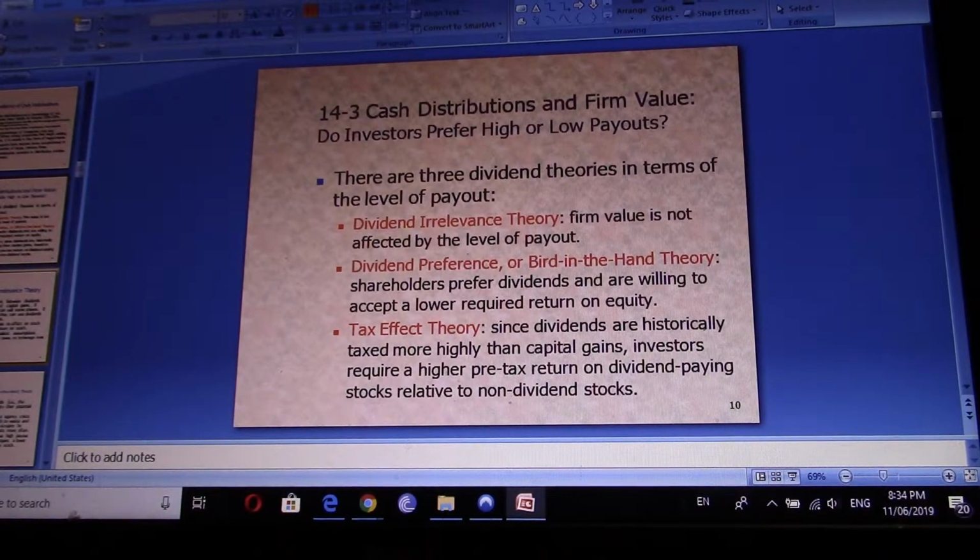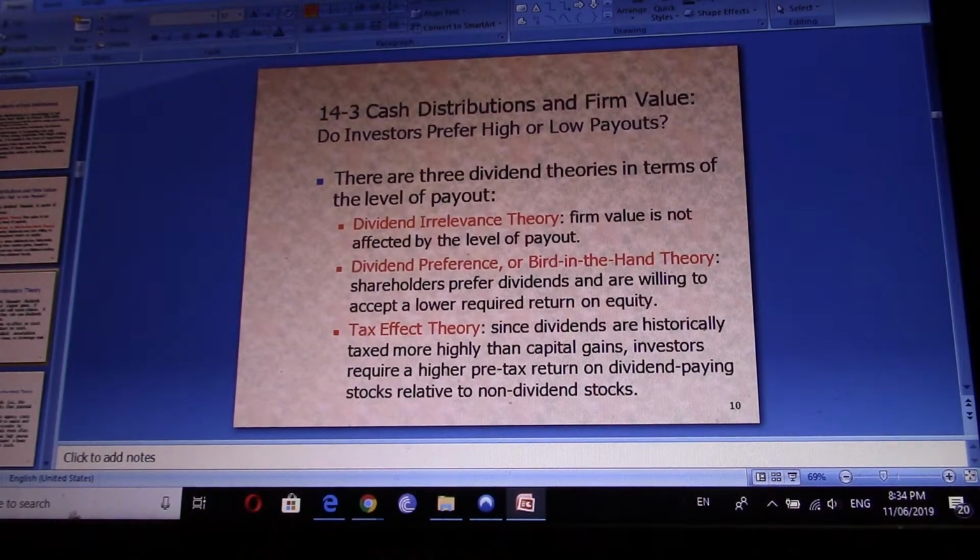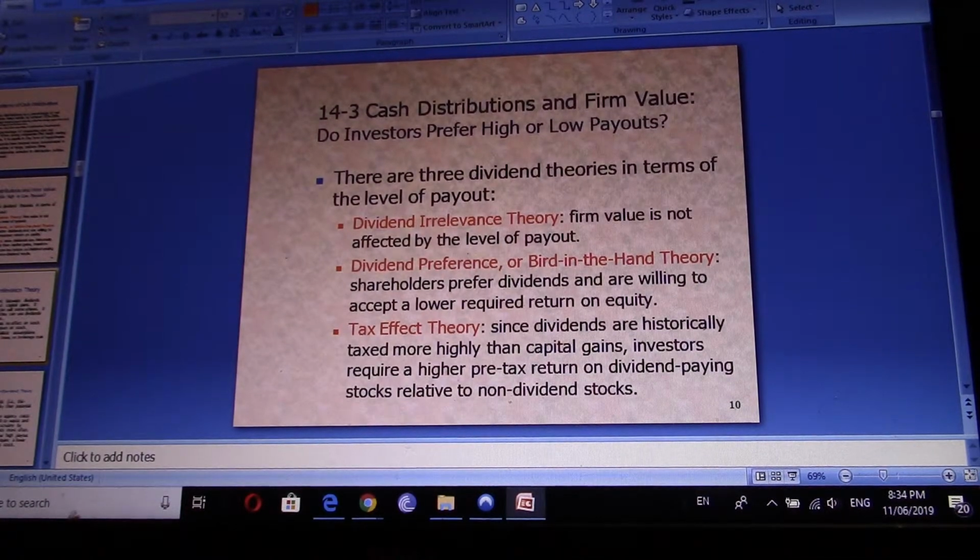Bird in hand theory says shareholders prefer dividends because that's the cash they receive back from the company, rather than waiting for the stock price to go up, which is highly risky. So they prefer to receive the dividend paid. Those companies with a high dividend payout ratio usually will be priced higher in the market.